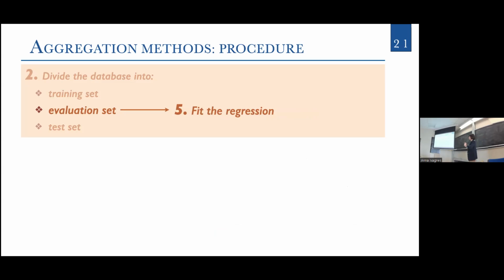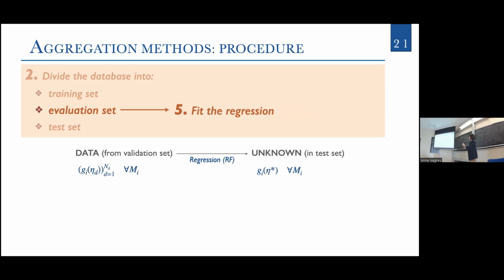Now that we have our weights in the evaluation set, we may want to extend to a test set. How can we do it with the regression approach? So this regression can be whatever you like. In our case, it was a random forest, but it can be, I don't know, a Gaussian process regression, a neural network, also other things.